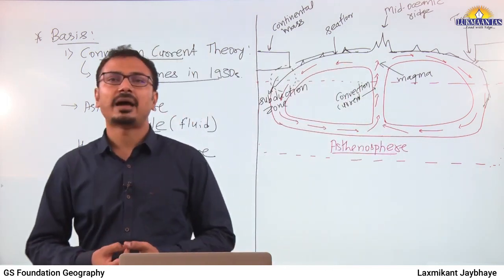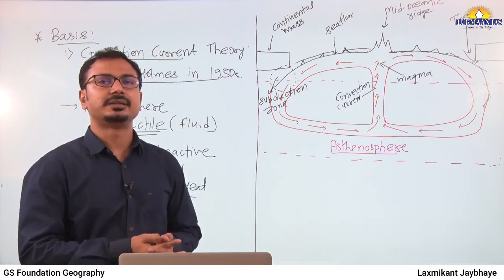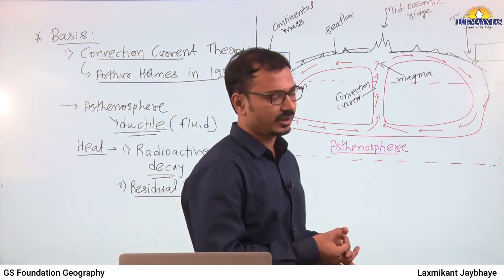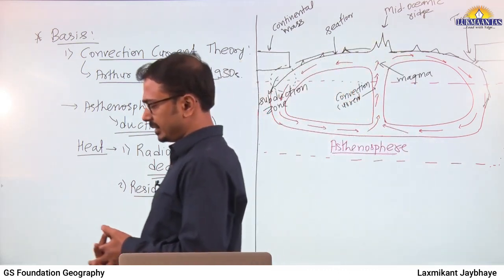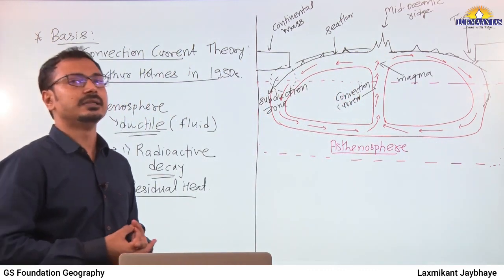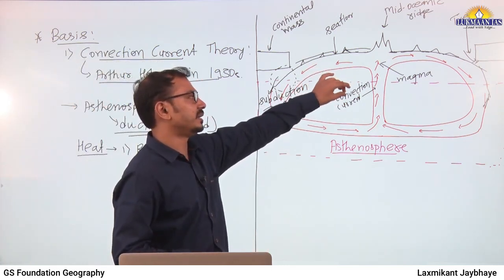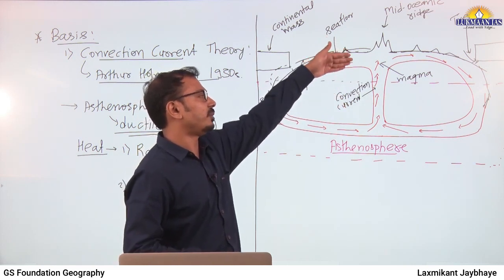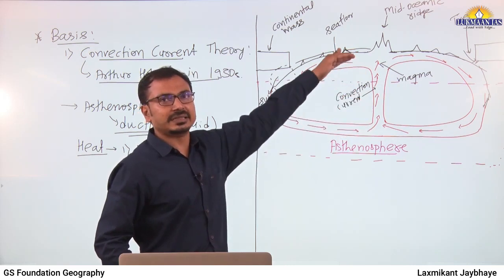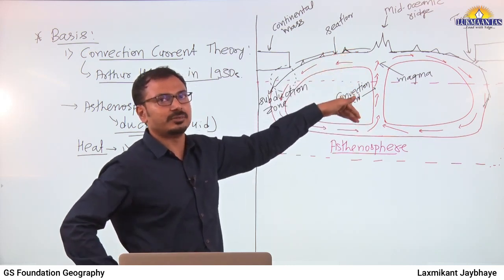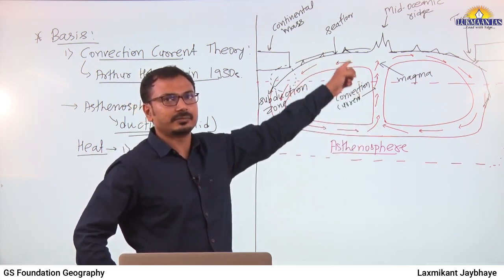This magma is fluid, it seeks to flow in a certain direction whenever there are density and temperature differences created. Can you see the density and temperature differences in the upper part and lower part? These differences are responsible for movement of this magma in a circular manner like this.